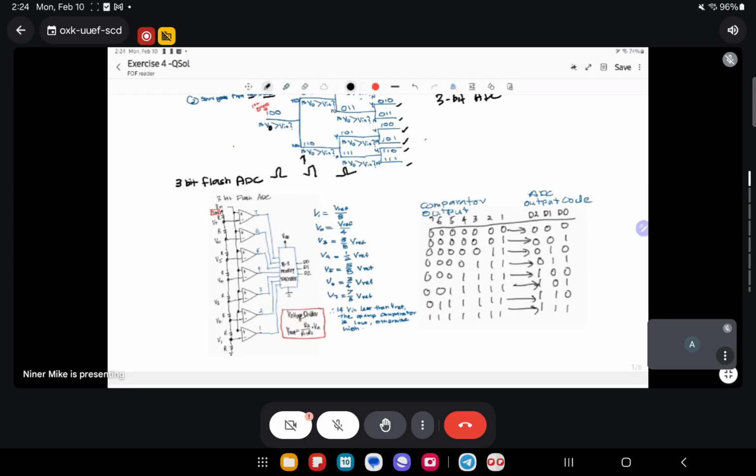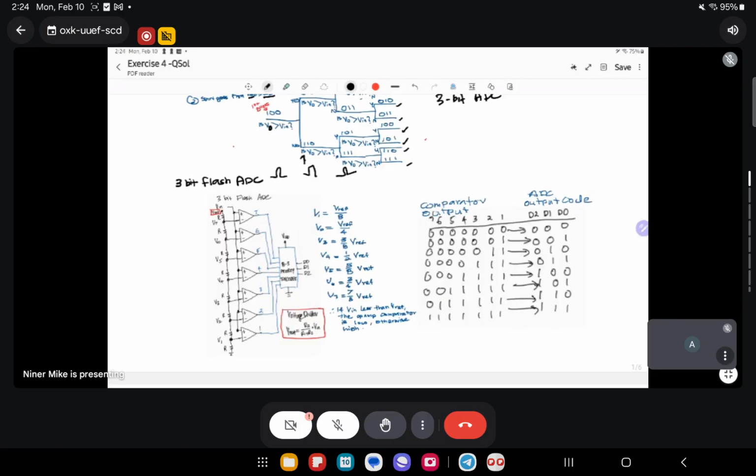If you talk about resolution, the 3-bit requires 8 levels, and only 7 comparators. If you have more bits, there will be more comparators, so that you can get the resolution required. But it is very fast.